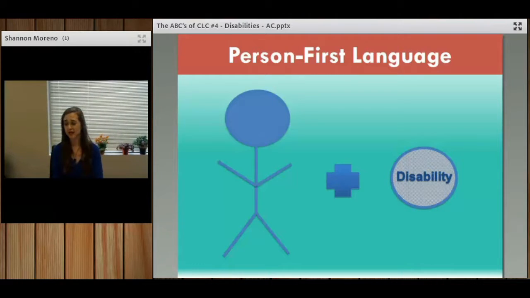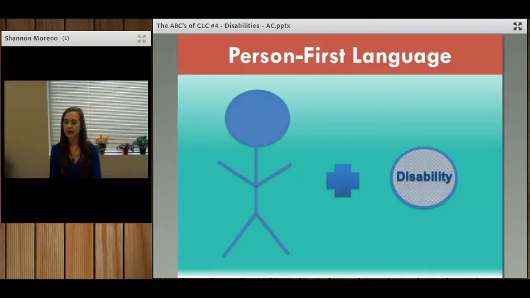So handicapped is not a term that was ever meant to be very particularly respectful to folks. So that term changed to individuals with disabilities, person-first language. First, we recognize that these are individuals, and then we recognize that, yes, they have a disability.